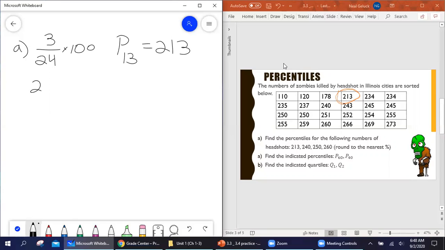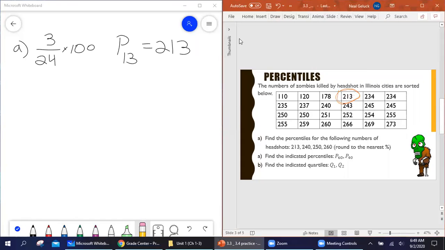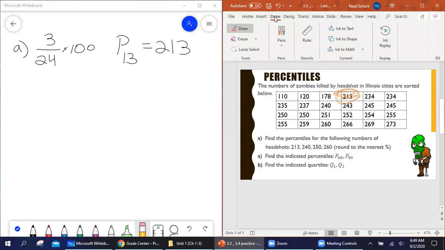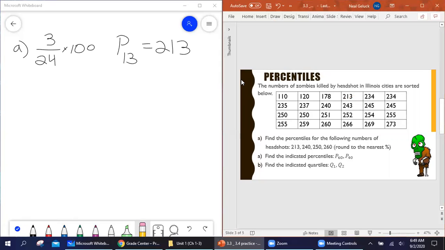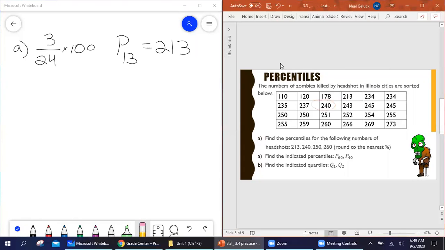For 240, we go to 240. We count the number of values below it, which is 8 over 24, times that by 100.